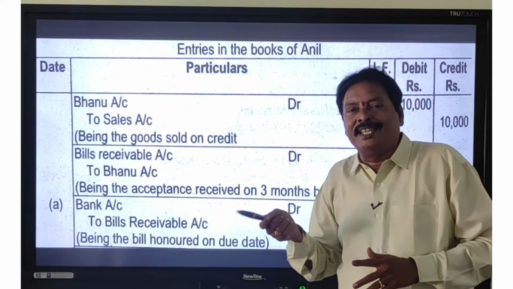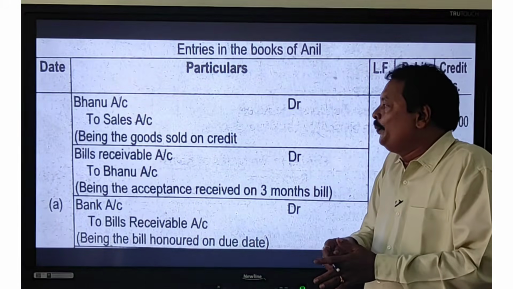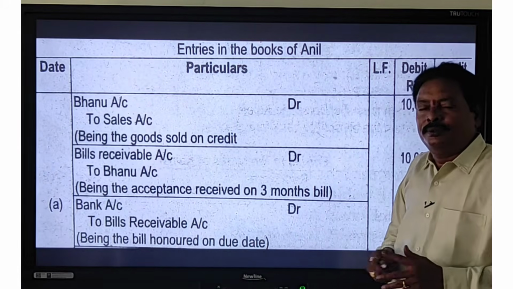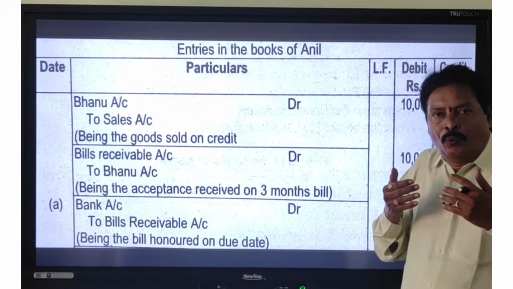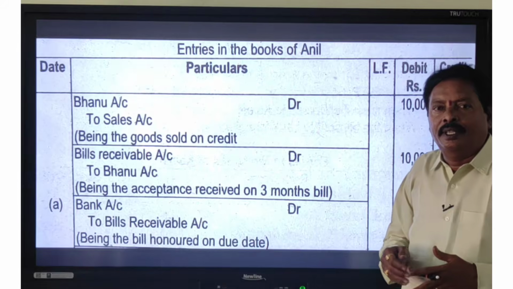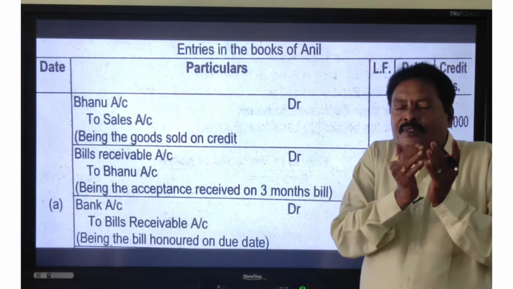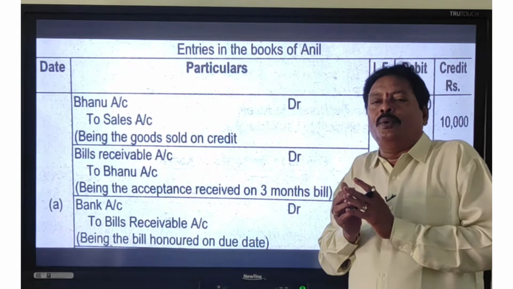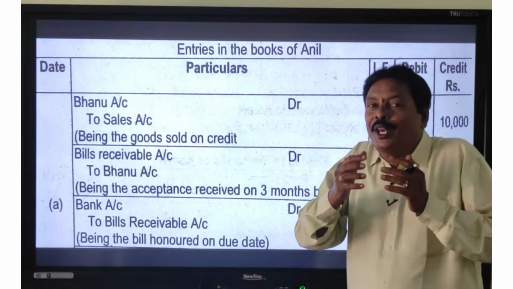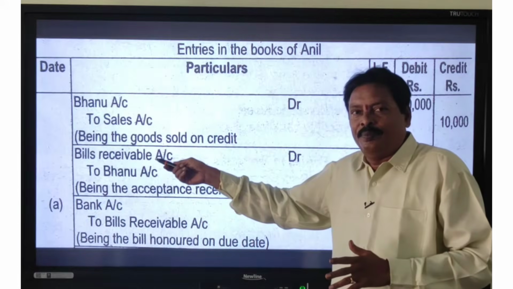After acceptance is given by Banu, the bill is returned to Anil. We are Anil. We are a trader. In this situation, after getting acceptance, the bill is returned from Banu. That means we received bills receivable. This is an asset.